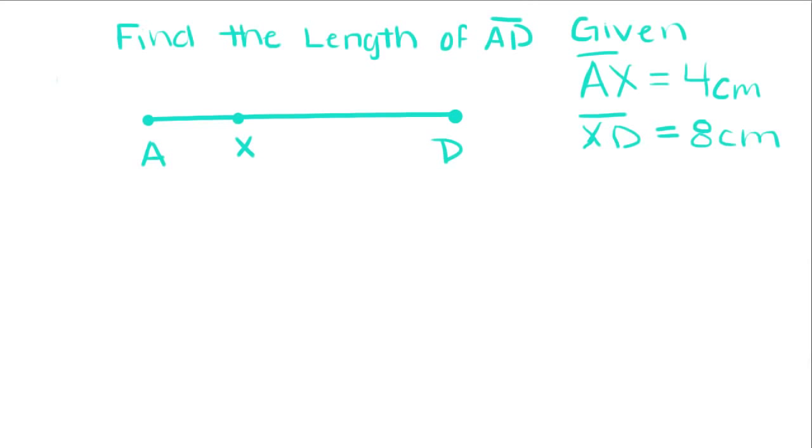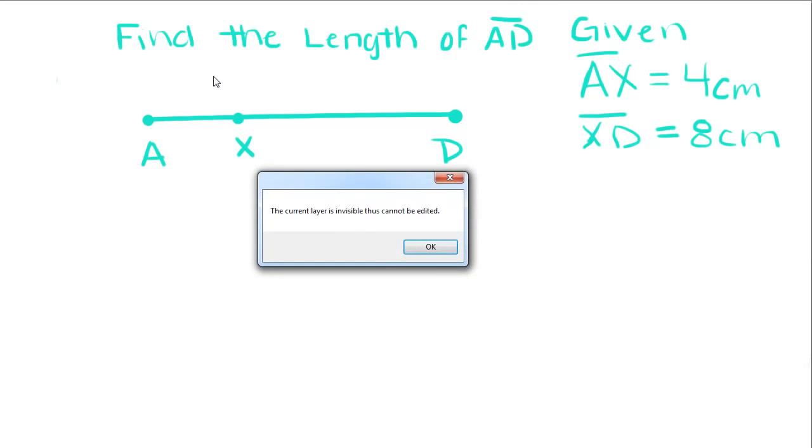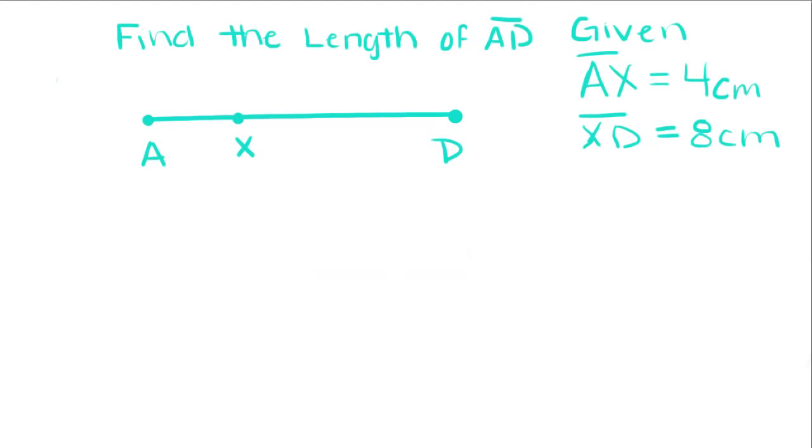Okay. Alright. Let's say you're given this information and they want you to find the length of a line segment AD given that AX is equal to 4 centimeters and XD is equal to 8 centimeters. So we're just going to label this right here 4 and 8.